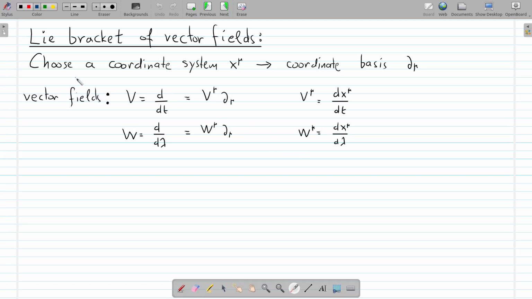So let's choose now a coordinate system and the corresponding coordinate basis, d mu. Then the vector fields can be written as a linear combination of the vectors of this coordinate basis, where the components are given by those derivatives. And those derivatives are directional derivatives along the integral curves of the vector fields V and W respectively.